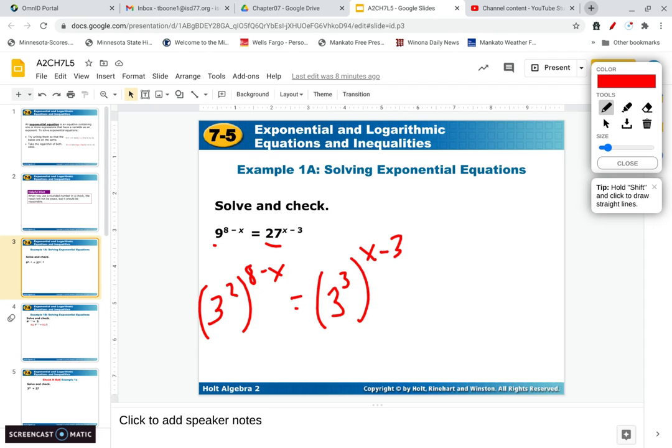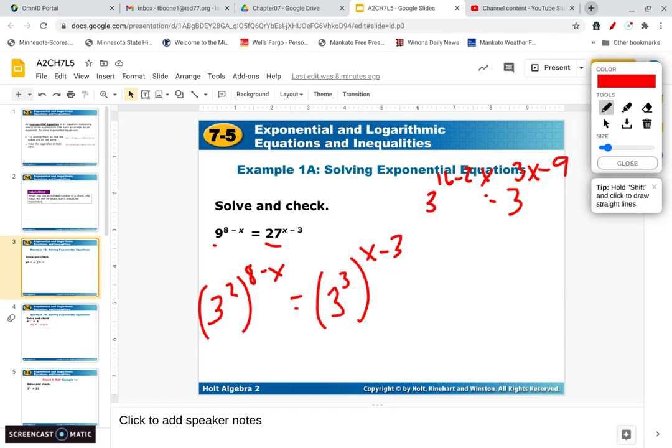Well, remember our properties of exponents. Power to power, we multiply. So what we have here is 3 to the, if I multiply those, 16 minus 2x. Here, if I multiply by 3, we're going to have 3 to the 3x minus 9.